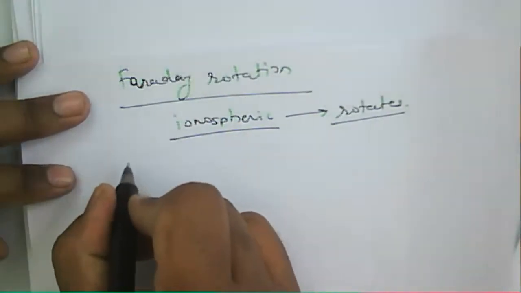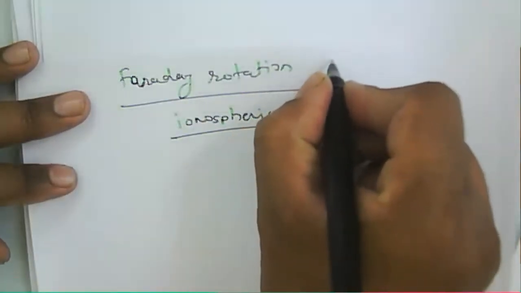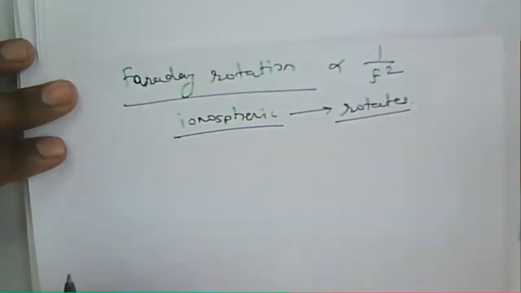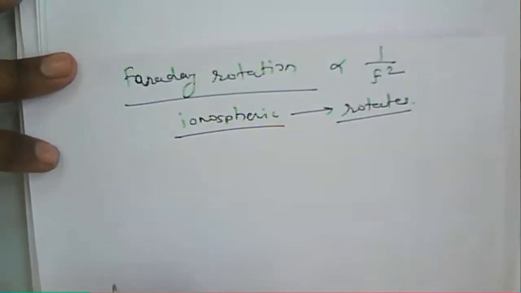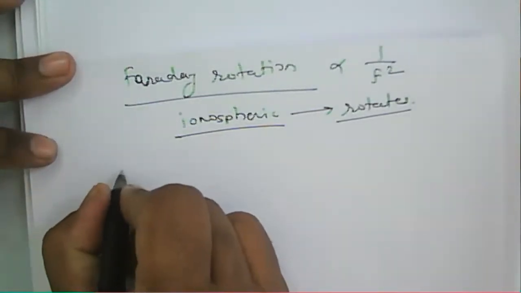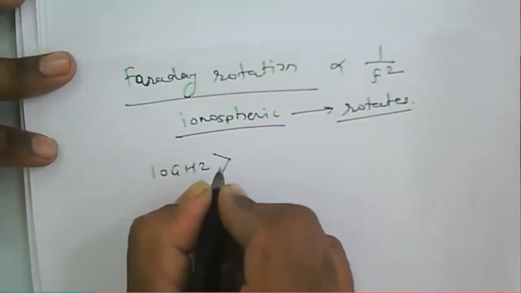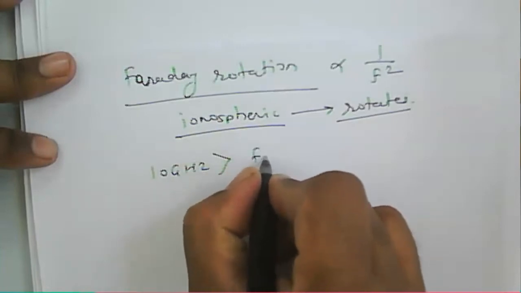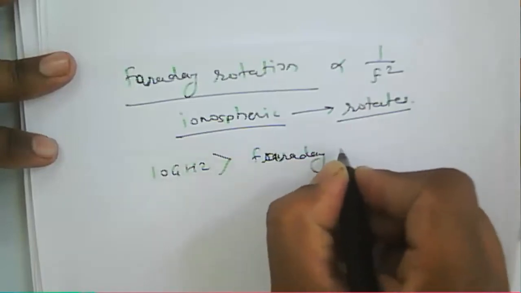So Faraday rotation is inversely proportional to the square of the frequency. If you consider a frequency of about 10 gigahertz, there will be a large value of this Faraday rotation.